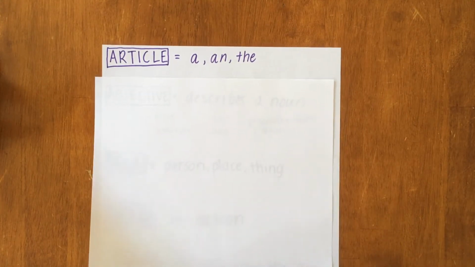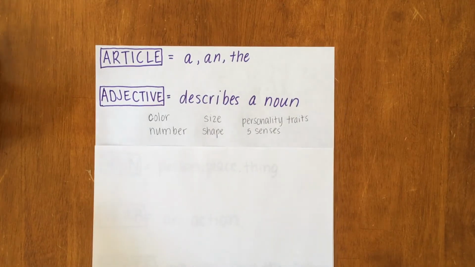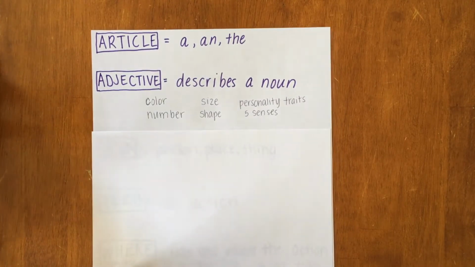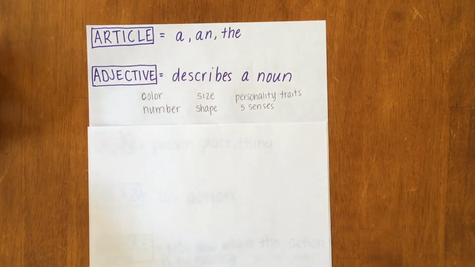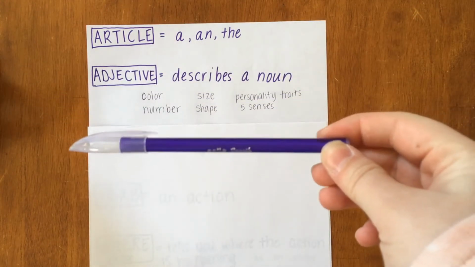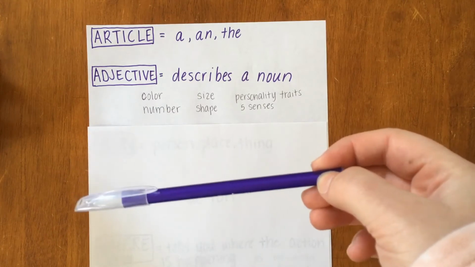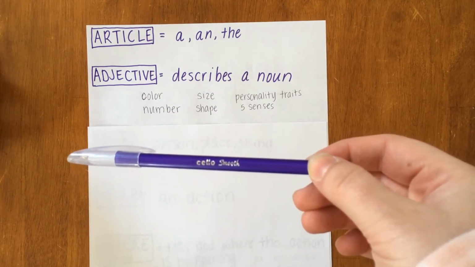The next part of speech I want to talk about is adjectives. And what adjectives let us do is they help us describe nouns. So I just gave you the example of a pen. If I wanted to use an adjective to describe this pen, I could talk about the color.